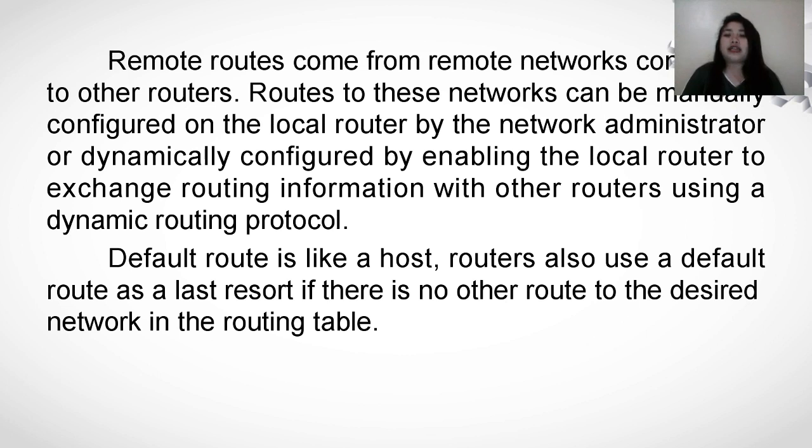The default route is like a default gateway on a host. Routers also use a default route as a last resort if there is no other route to the desired network in the routing table.